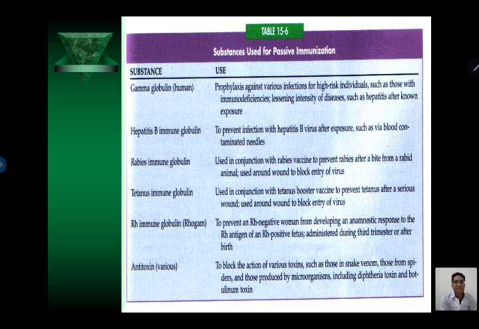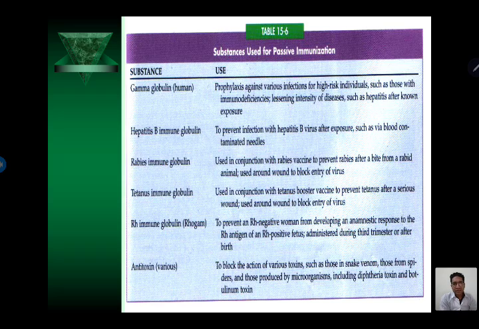Substances used for passive immunization: gamma globulin, prophylaxis against various infections for high-risk individuals such as those with immunodeficiency, lessening the intensity of diseases such as hepatitis after exposure. Hepatitis B immunoglobulins prevent infection with hepatitis B virus after exposure, such as via blood-contaminated needles.